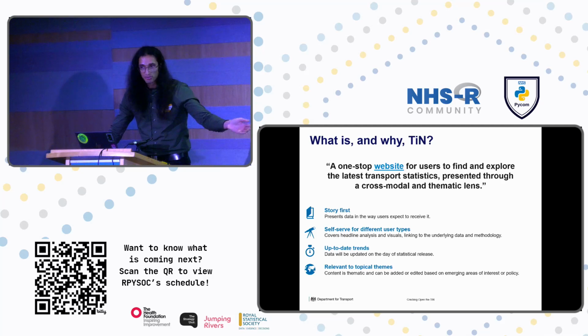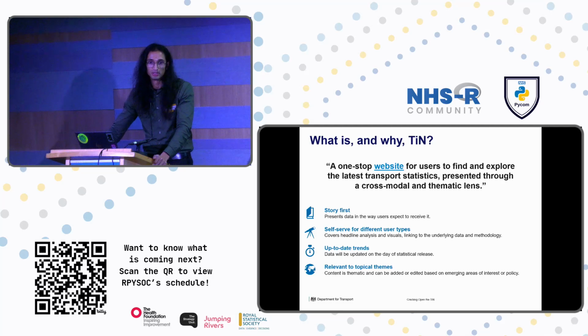The other two are up-to-date trends and topical themes. So, with publications, there's usually quite a bit of a lag in terms of getting the data in, getting it QA'd, ensuring it's accurate and robust before it's published. And for some compilation publications, that can mean there's a longer time period lag between the latest data and when the public actually sees it.